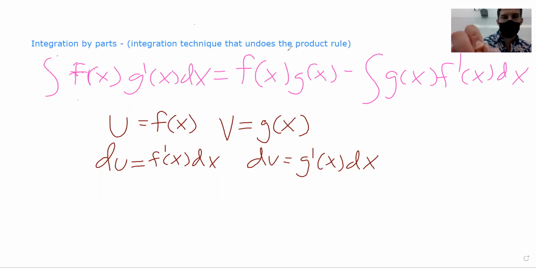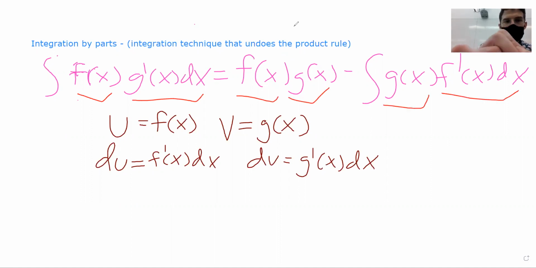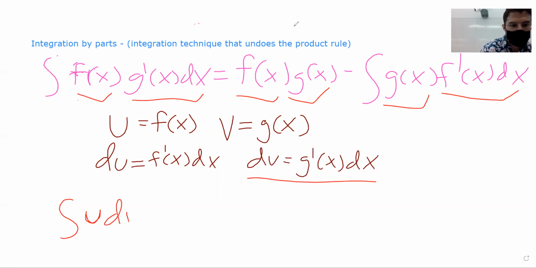So then what's going to happen is we'll start replacing the relevant pieces. So f of x, we renamed u. So u, g prime of x dx, well, that's dv, is equal to u times v minus integral.